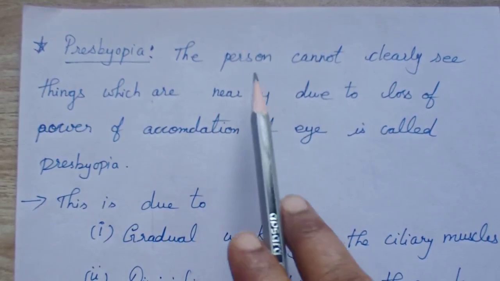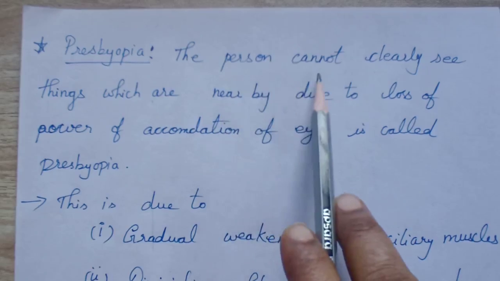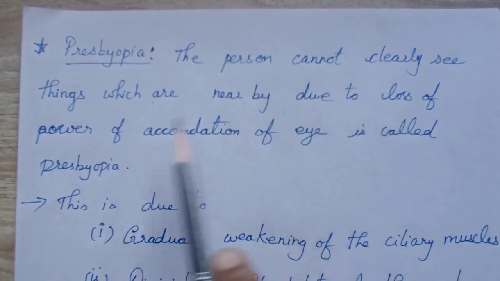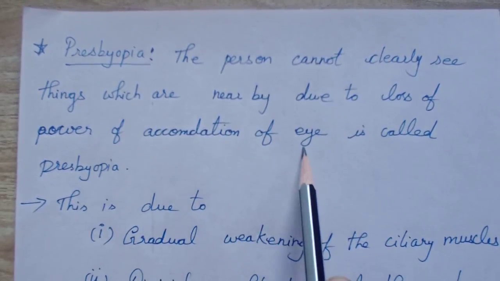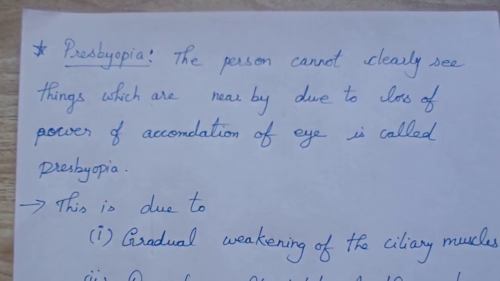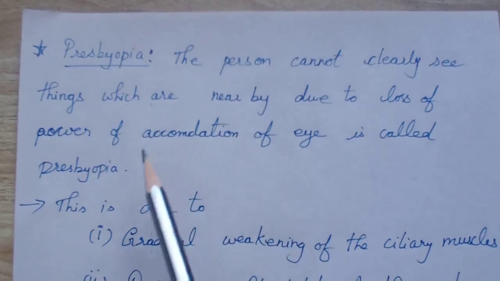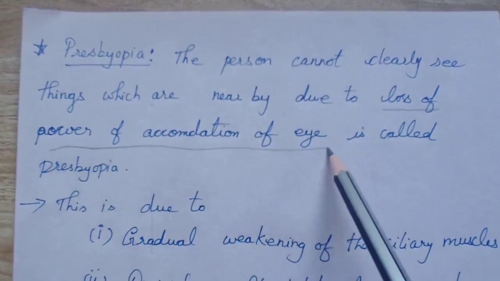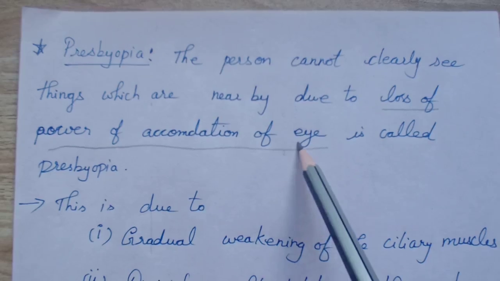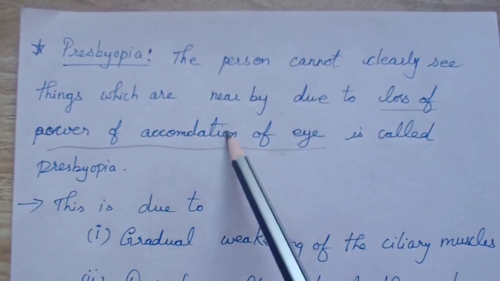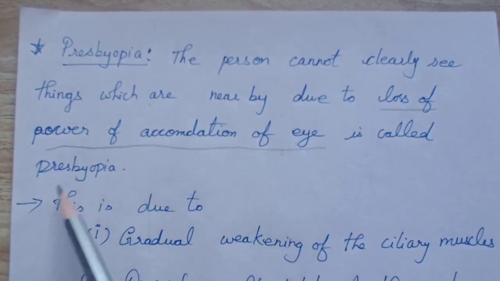But again, this loss of clear picture is due to the loss of power of accommodation of the eye. In hypermetropia it is due to the shape of the eyeball and the increased focal length, but this is due to the power of accommodation. Due to the loss of power of accommodation of the eye, they are not able to see the nearby things clearly. The reason is different for this case. That is called presbyopia.